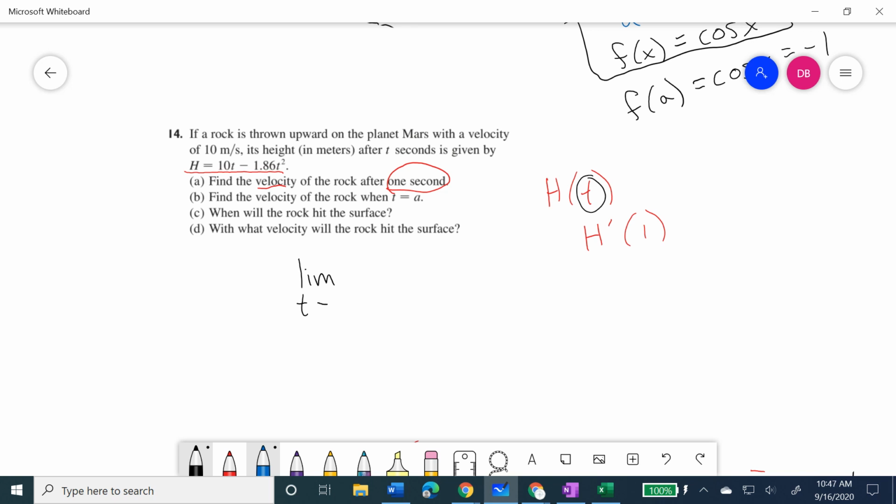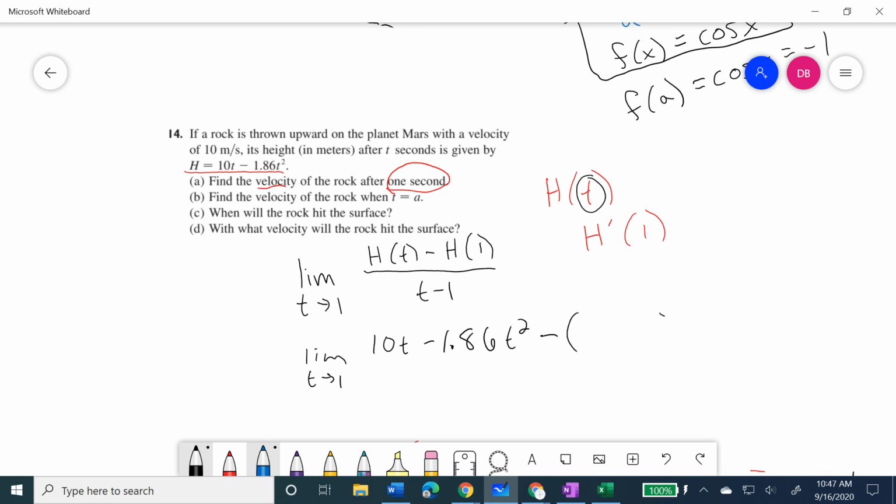So the limit as t approaches 1 of the function h of t minus the function's value h of 1 over t minus 1. H of t is 10t minus 1.86 t squared minus, and then we need to find h of 1.